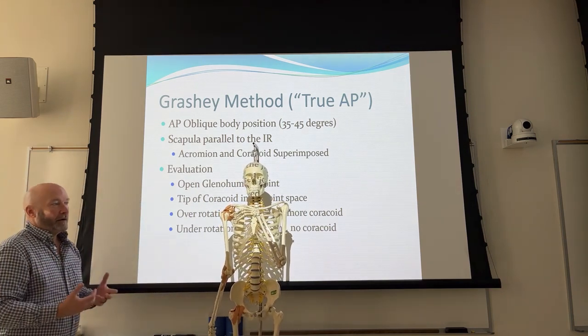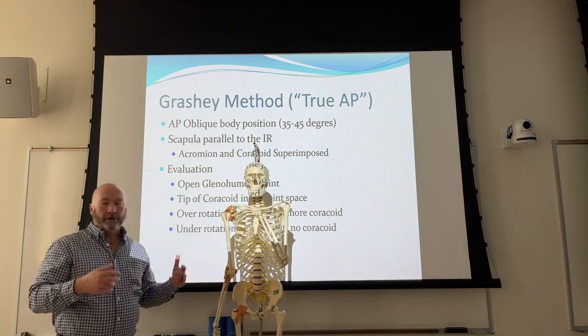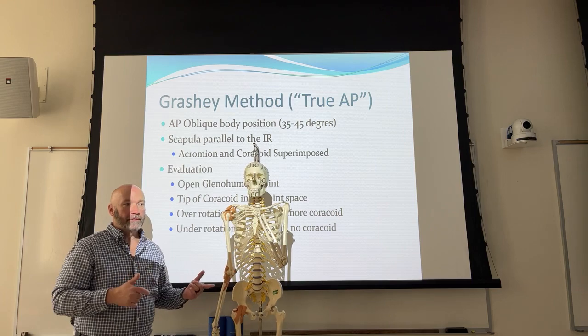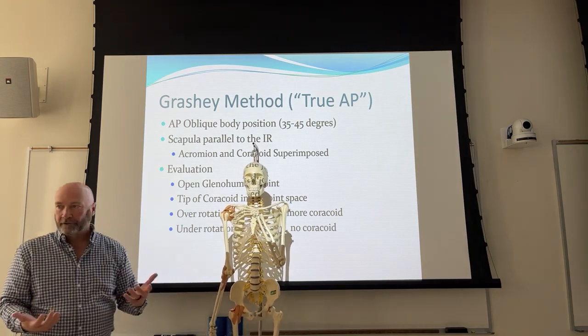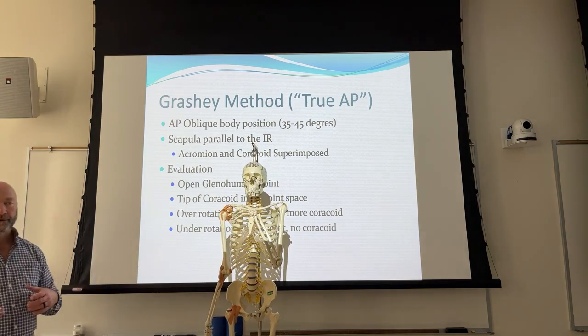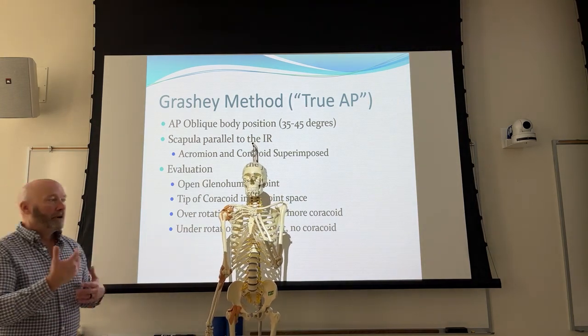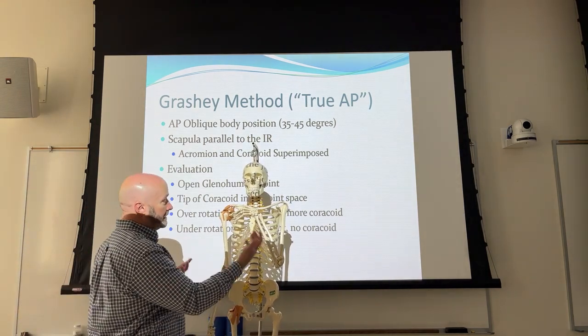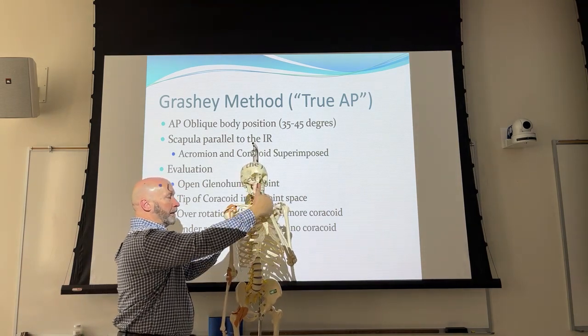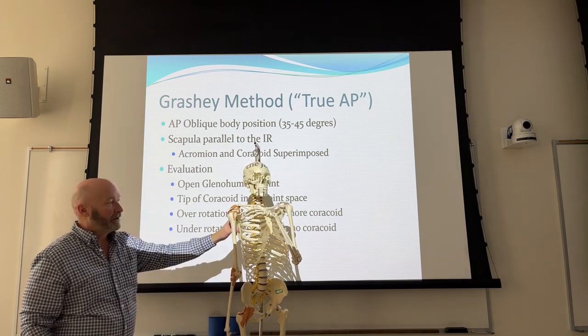That being said, some hospitals will use the Grashey Method as their AP. So if the Grashey Method is being used as the AP, then you need to follow the hospital protocol and include everything that you would include on a normal AP. So most of the clavicle, realistically, if you open up to midline, because of the degree of obliquity, you're going to get the entire clavicle on there.